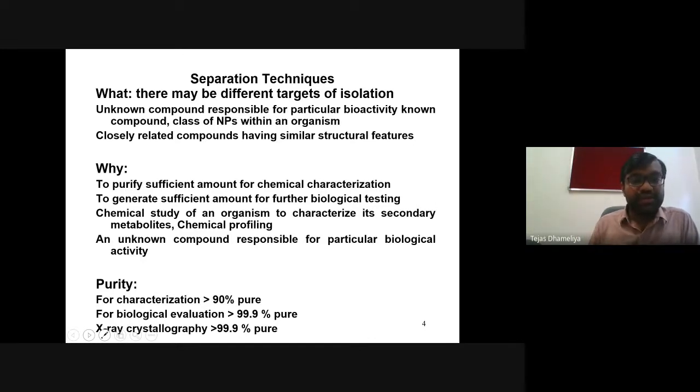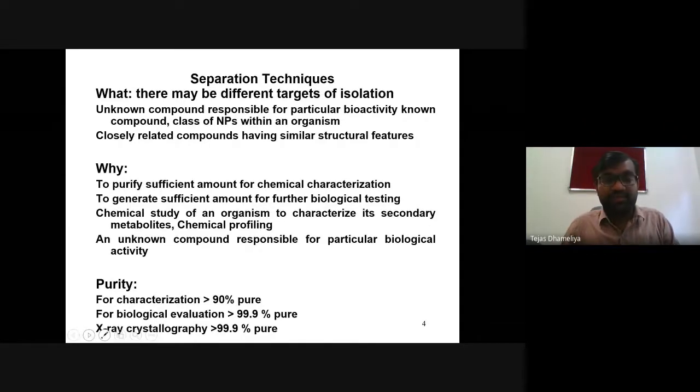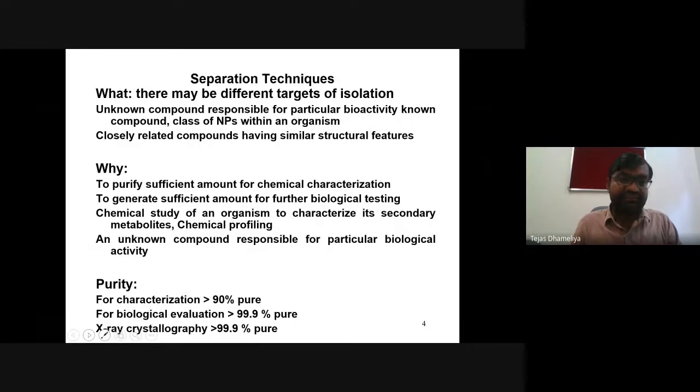So here also in X-ray diffraction, we need to learn the concepts of chromatography because the crystal used in XRD should be highly pure. It is a small crystal that is used for the purpose of XRD, X-ray diffraction, because that is the technique which will allow us to predict the structure of the compound.